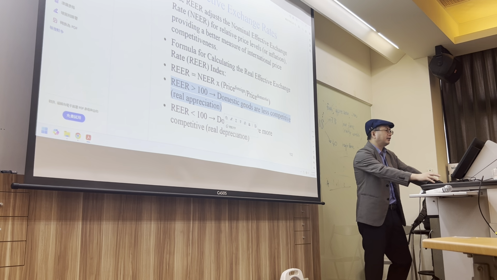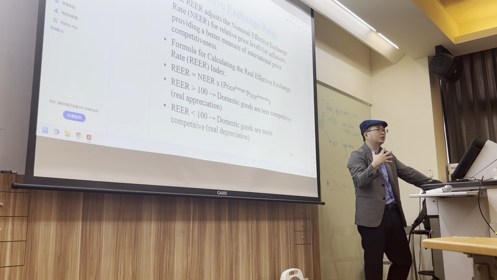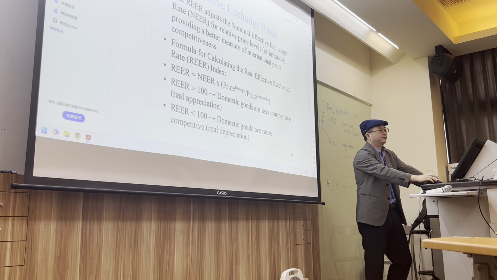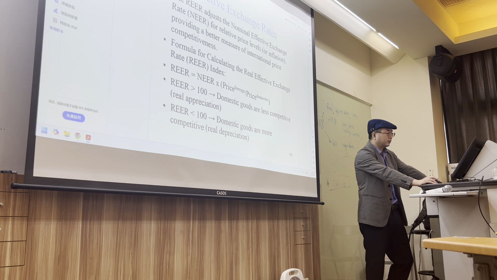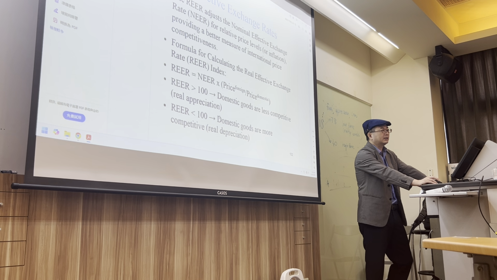So if our exports are more expensive, it will make our goods less competitive. By contrast, if the real number is less than 100, it means the domestic goods will be more competitive than its competitors. And by more competitive, we actually mean real depreciation.